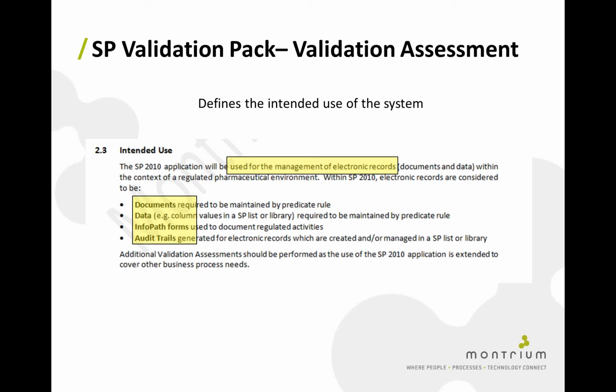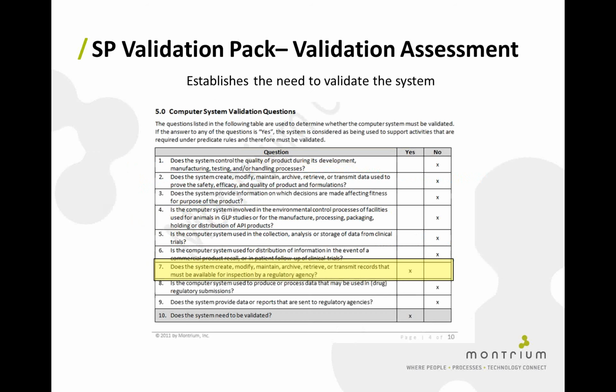And we actually go further and clearly define exactly what we consider to be electronic records within the system. So we specify that these are documents, data, so the metadata columns, InfoPath forms, and audit trails. So this already gives us a very clear scope for our validation. The next thing that we do is ask a series of different questions which allow us to define whether we need to validate this system or not.